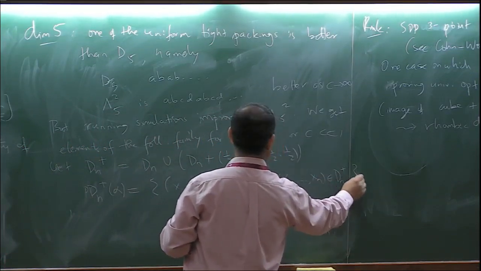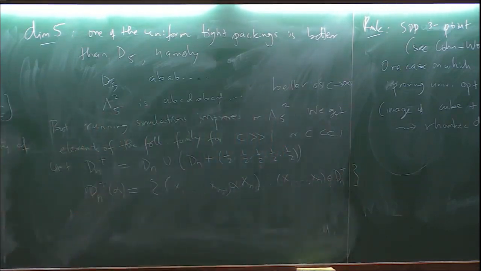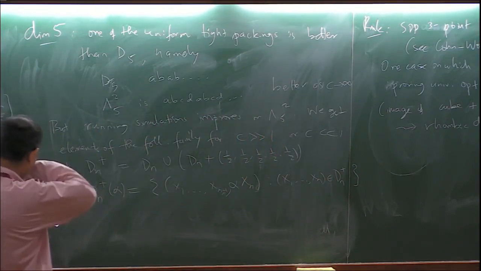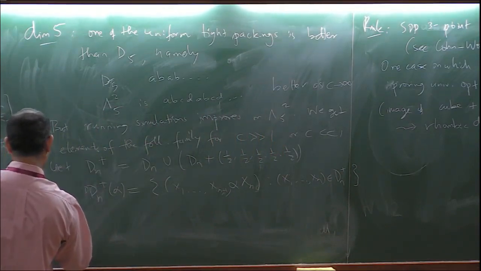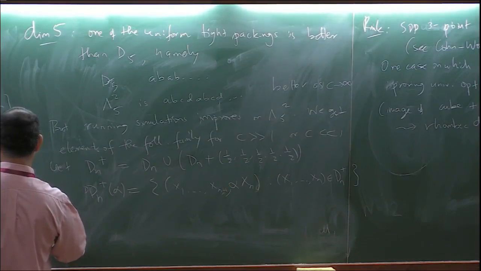So again, this is just a shear of the Dn plus periodic configuration, and so D5 plus is what we're going to look at.